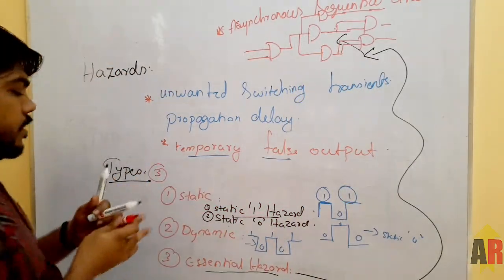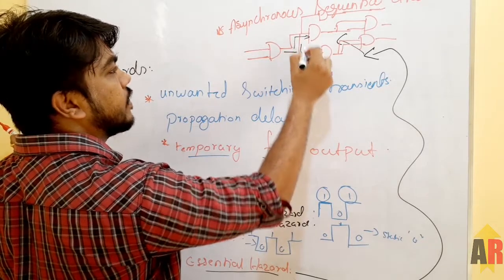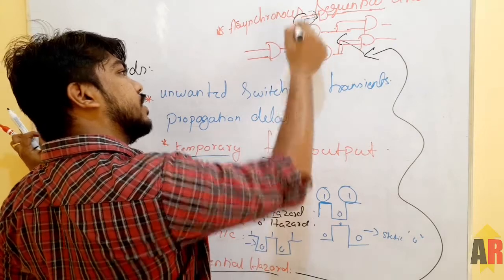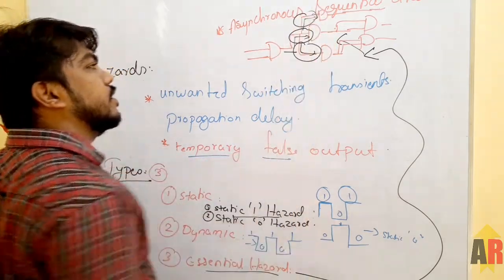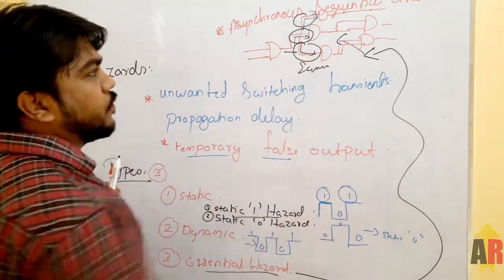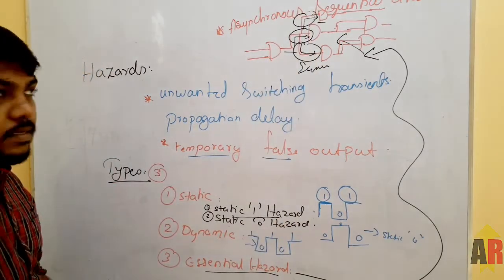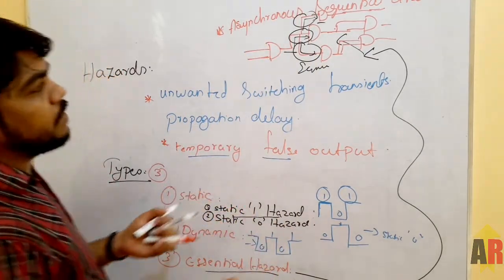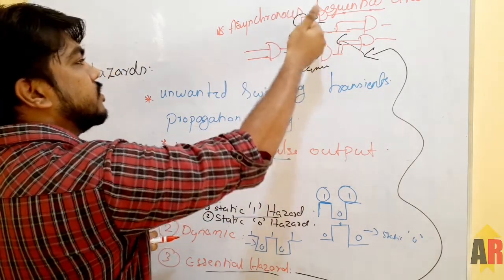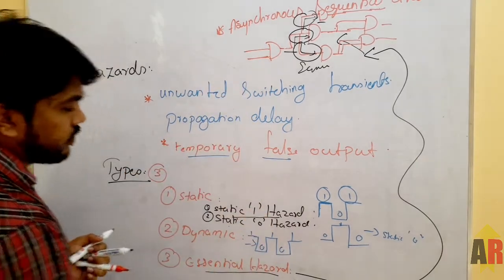If you see in this circuit diagram, this input I have fed in here, here and here. You can't expect the propagation delay to always be the same. Depending on the length of the wire and the delay available in the gate, there is a high possibility that different delays may occur in different paths which share a common input. So this is called essential hazard.